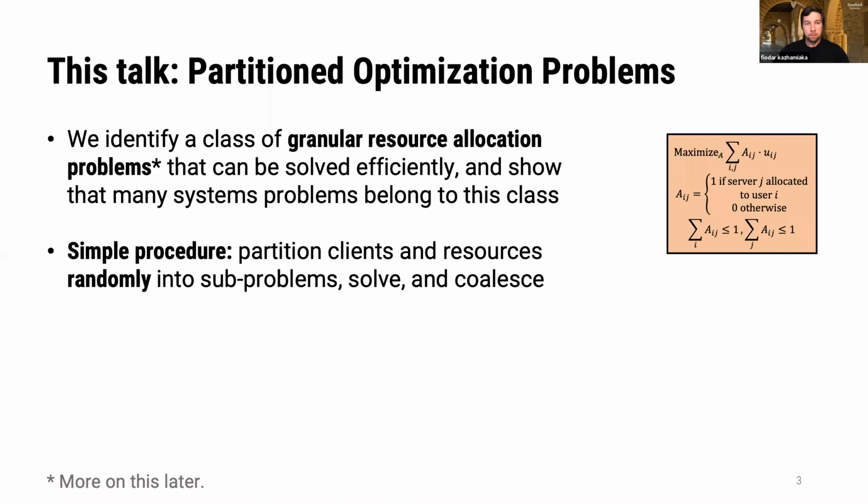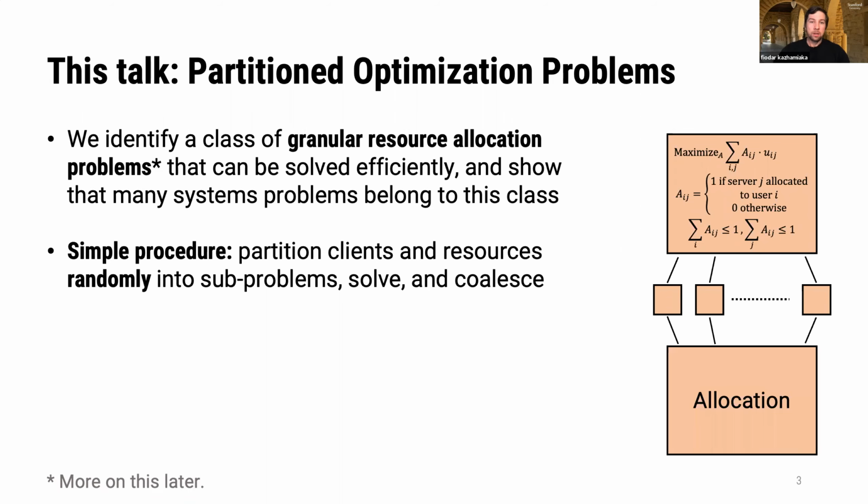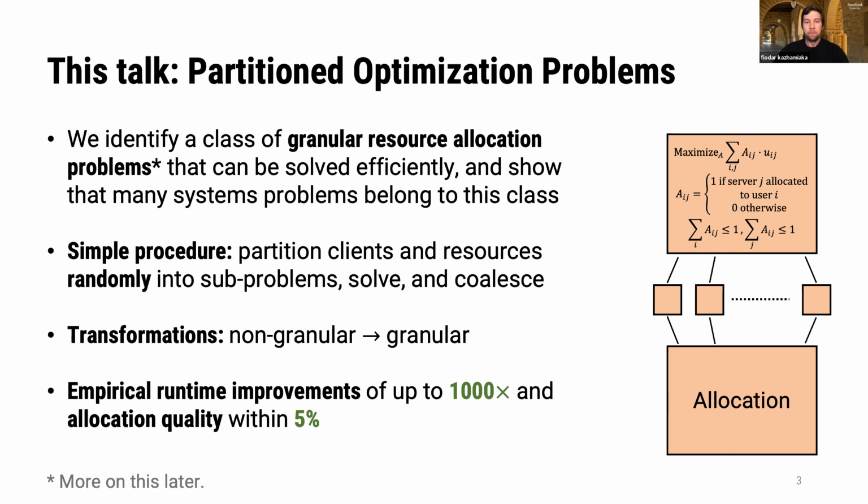We take the system, randomly partition it, solve the optimization problem on each partition, then coalesce the results into our final allocation. We'll also show how many problems that are not granular can be easily transformed into granular problems, on which POP can be applied. Our evaluation with POP shows several orders of magnitude faster runtime for computing near optimal solutions.